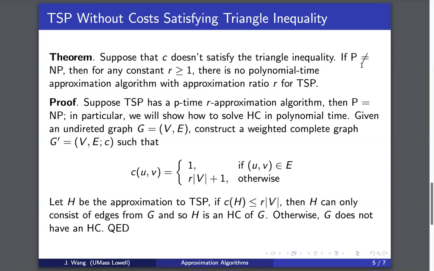So that means that if the cost function does not satisfy the triangle inequality, then we don't have any approximation algorithm with constant ratio R for TSP. So any solution you can find there, there is no constant approximation ratio, no matter how big that ratio is. So that's what we are going to look at.